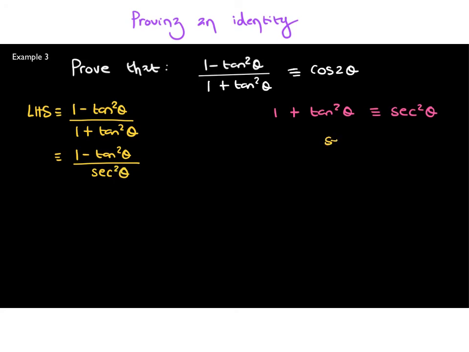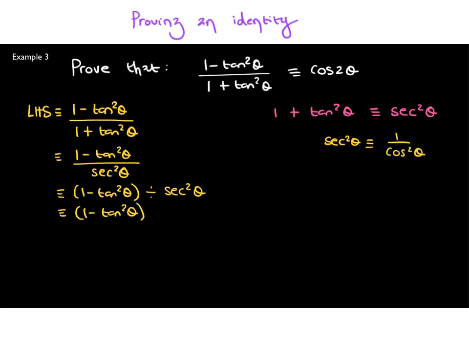But what is sec squared theta? It's 1 over cos squared theta. So effectively here we have 1 minus tan squared theta divided by sec squared theta, which is 1 minus tan squared theta divided by 1 over cos squared theta.